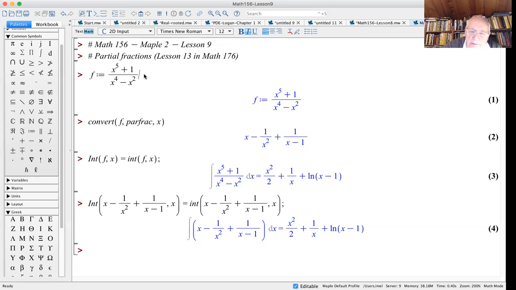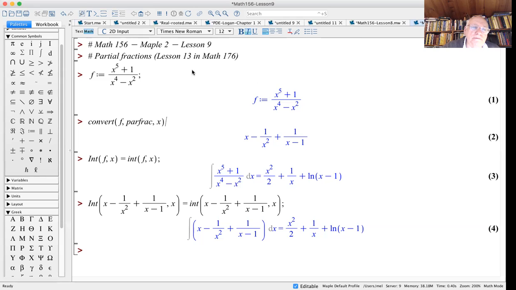So, for example, if we take this rational function, we want to convert it to partial fractions, and the command is simple, but you have to get the syntax right. Convert the expression you want to convert. Par frac means partial fractions.